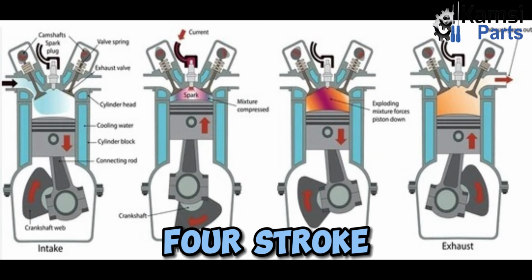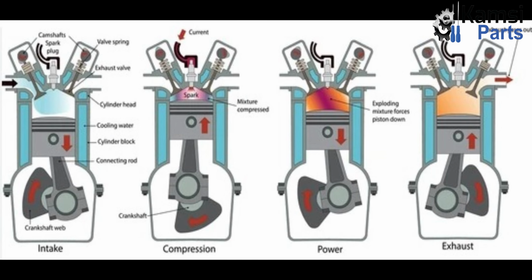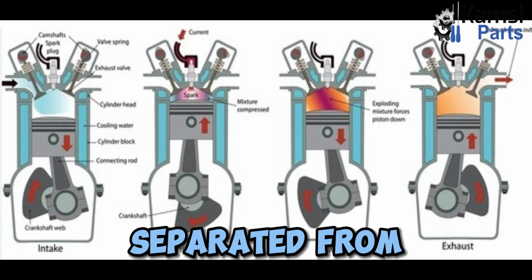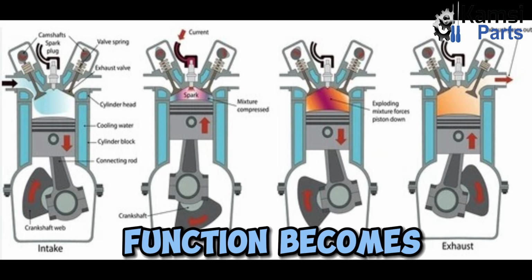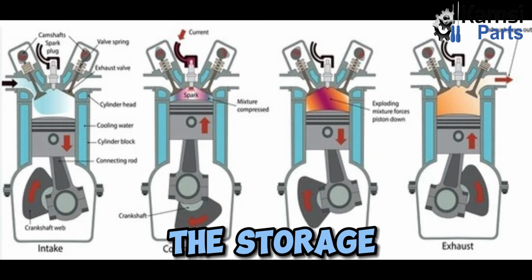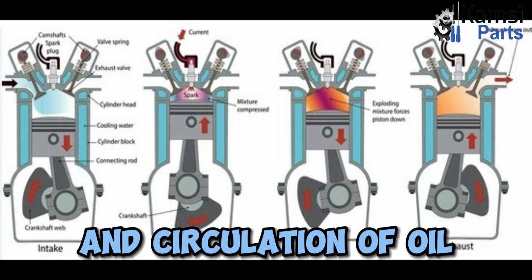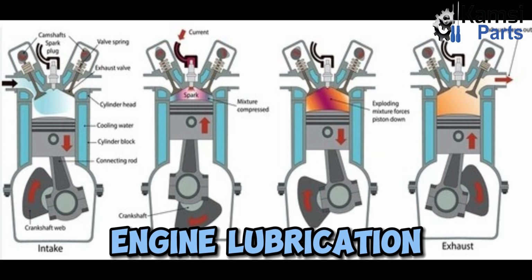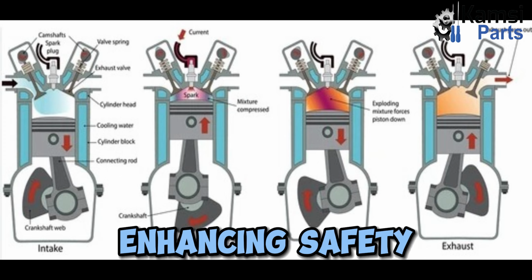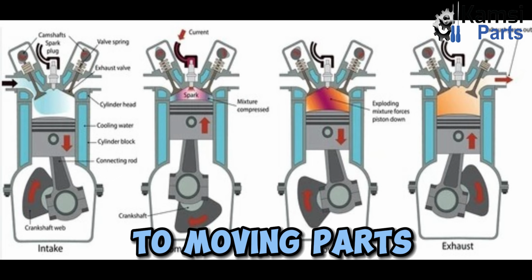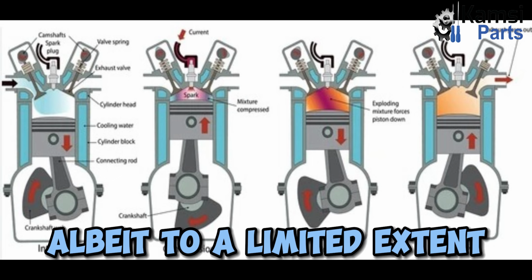In more intricate four-stroke engine designs, the crankcase is hermetically separated from the fuel-air mixture by the pistons. Instead, its primary function becomes the storage and circulation of oil, which is crucial for engine lubrication. Additionally, it plays a role in enhancing safety by preventing access to moving parts, albeit to a limited extent.